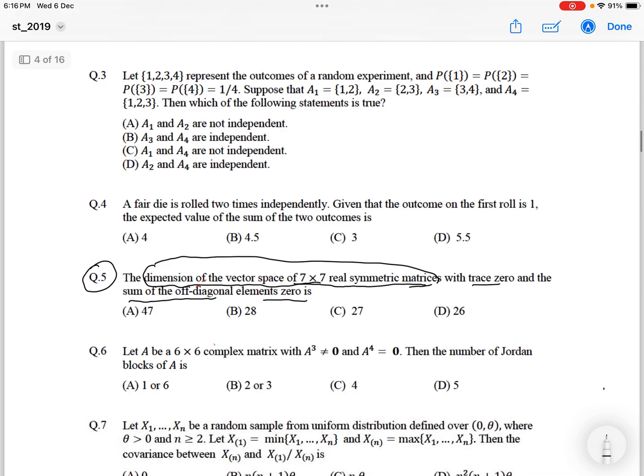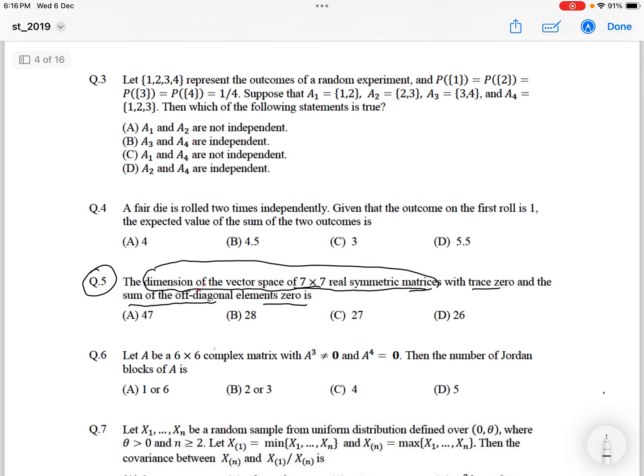If we know how many elements we need to specify that particular matrix, then we can comment about the dimension. If we need 49 elements to specify a 7 by 7 matrix, its dimension will be 49.